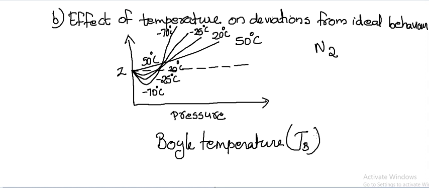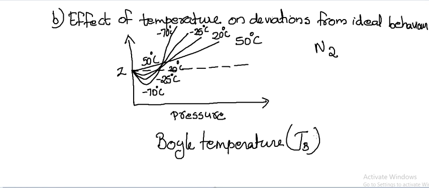So what is the definition of Boyle temperature? Very important question. Boyle temperature of a gas is the temperature at which it obeys Boyle's law over an appreciable pressure range. That is the important thing, and that pressure range will be a very small pressure range.